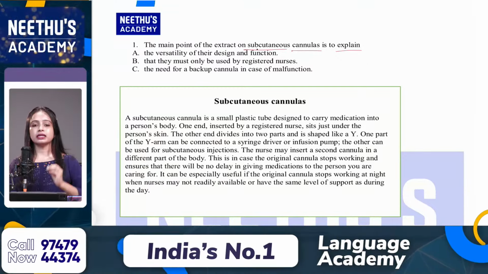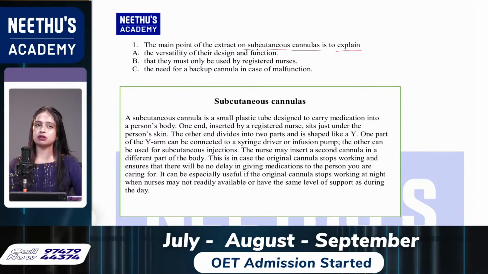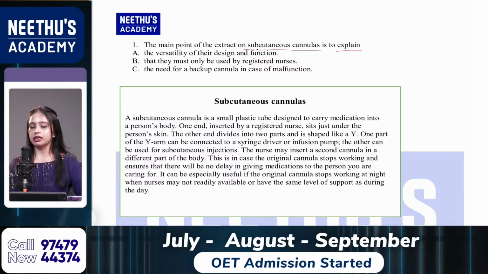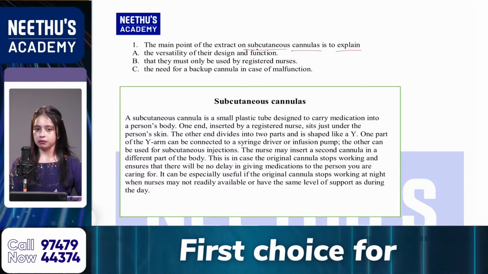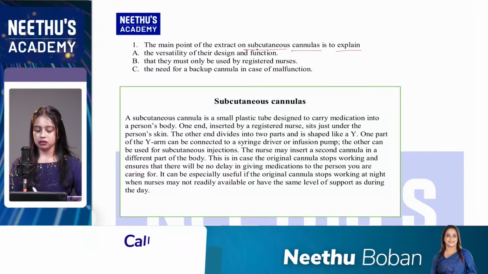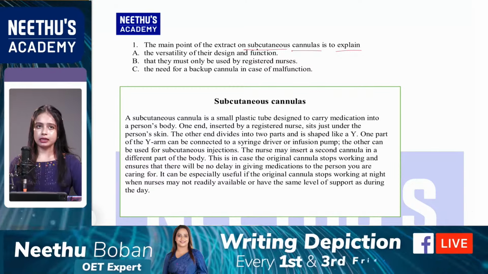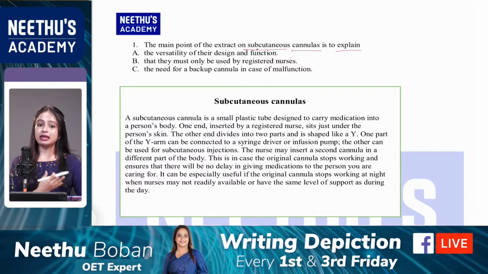Once again I'm repeating the same thing. This is a manual, so this is all about a function or a proper idea regarding a particular machine, instrument, device or a medicine. So here comes a device or equipment. Then the versatility means the ability to adapt something.